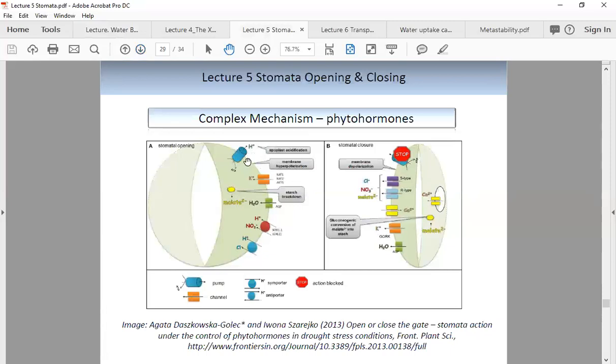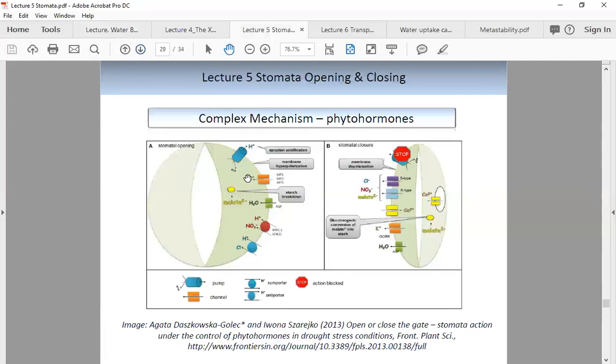Don't worry about that. What is it setting up? That's just a more complicated way of saying that we've set up an electrochemical gradient across the actual membrane. As a result, this will trigger the transfer of potassium. So we've got a potassium channel here. Potassium will move into the guard cells.